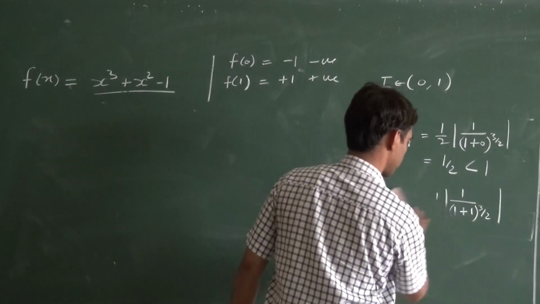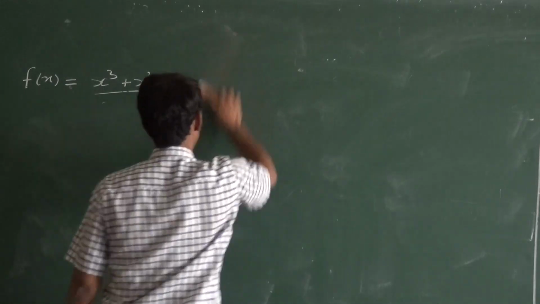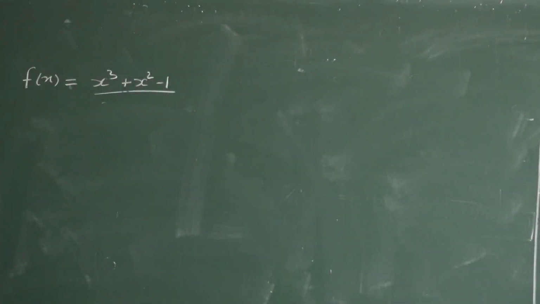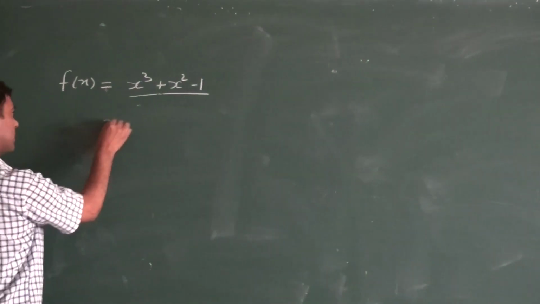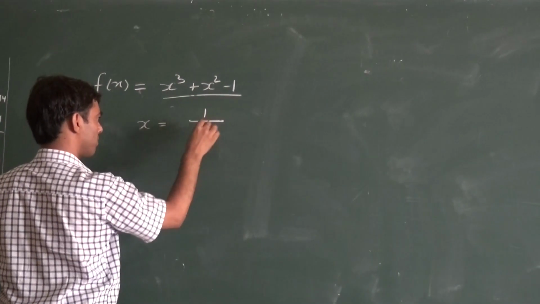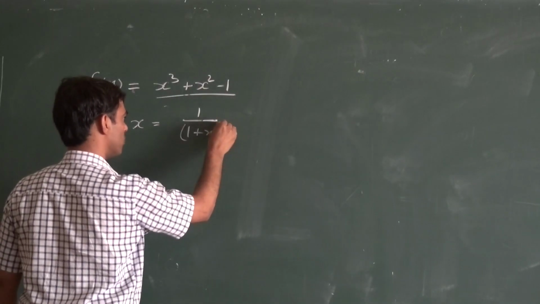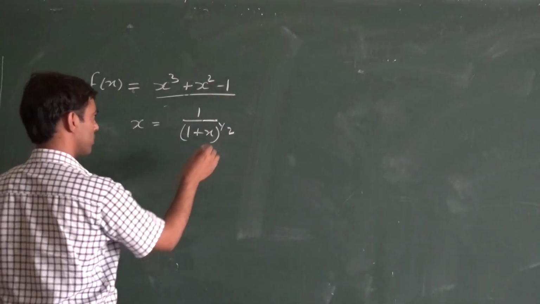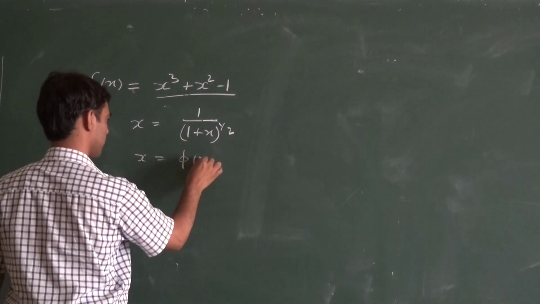because we are able to find a class interval for which phi x, that is, x equals 1 upon 1 plus x to power 1 by 2, this one is phi x, meaning x equals phi x.